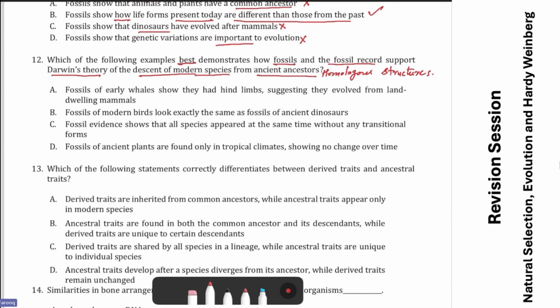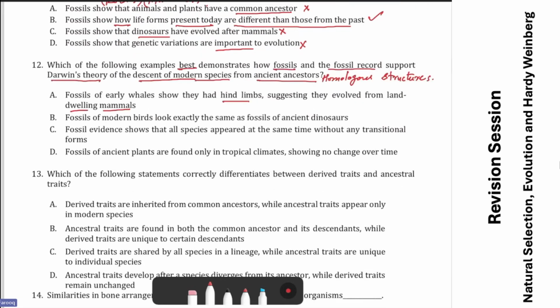Okay. Fossils of early whales show that they have hind limbs, suggesting that they evolved from land-dwelling mammals. This is a very common concept. Also, we know it, but let's hold it. We read the next questions.